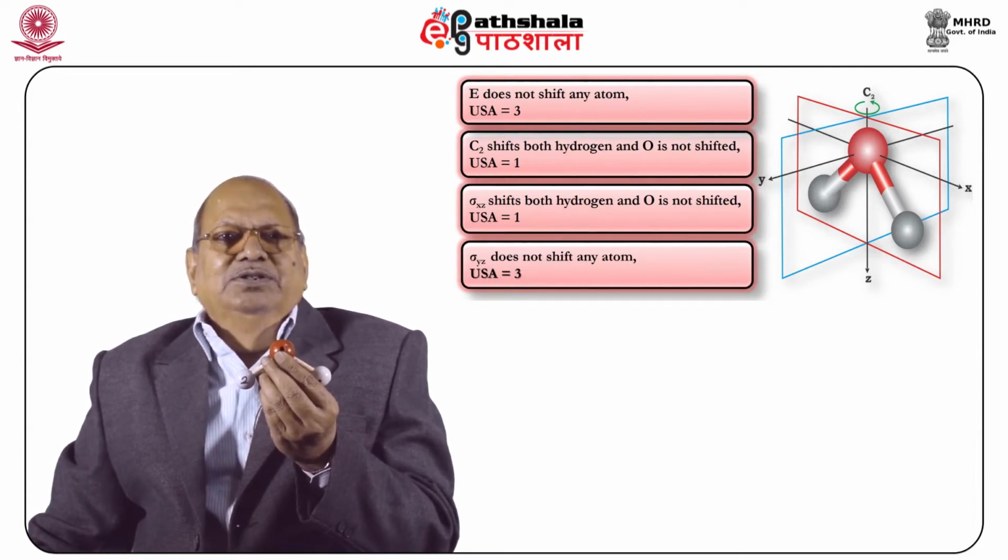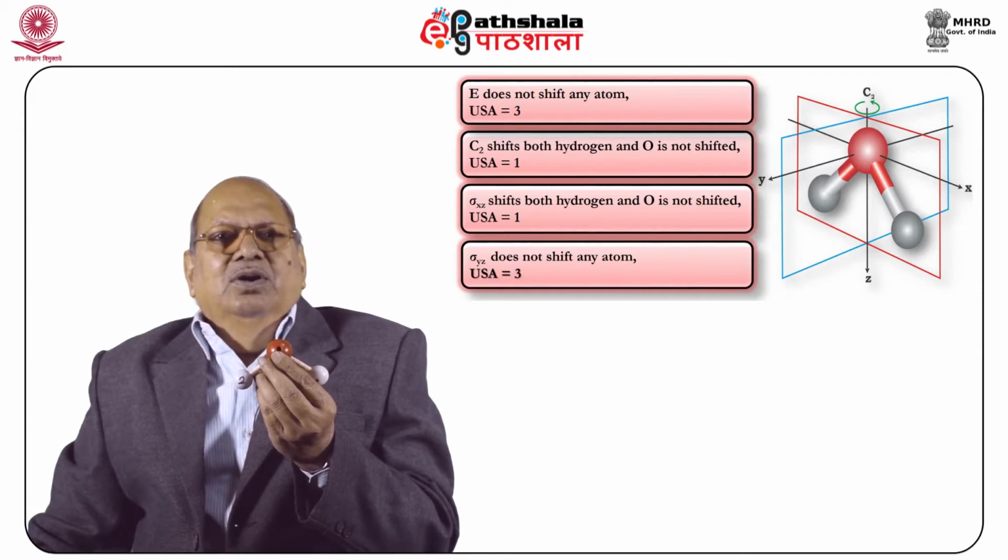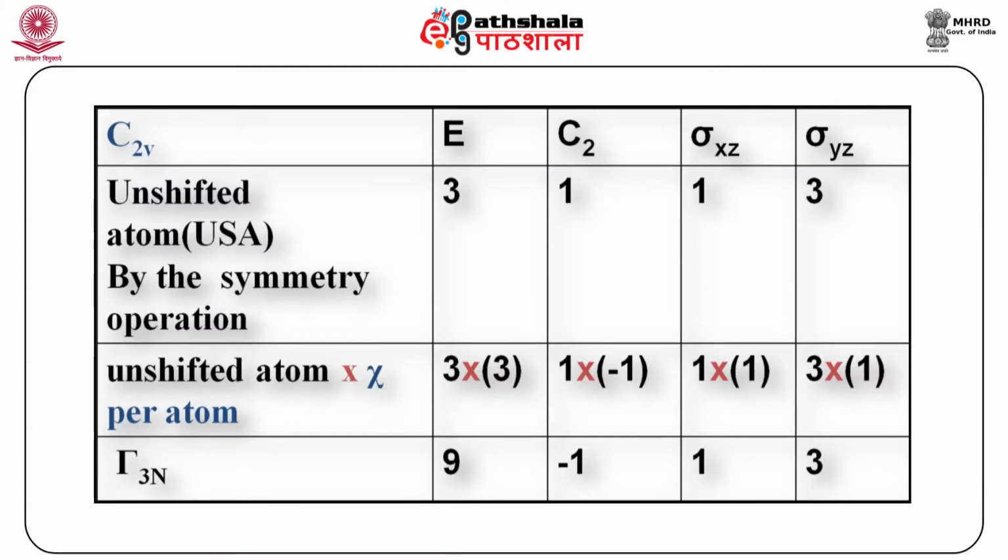By performing sigma xz, only the oxygen atom is unshifted. These results are given over here in the form of a table. That is, unshifted atoms are 3, 1, 1 and 3: 3 under E, under C2 it is 1, under sigma xz it is 1, and under sigma yz it is 3.